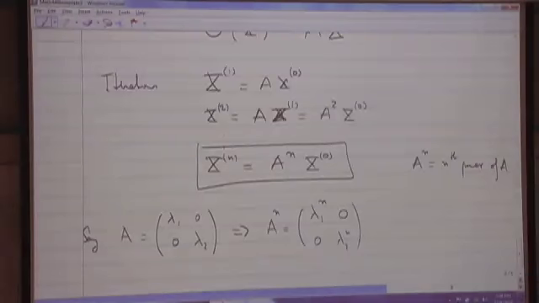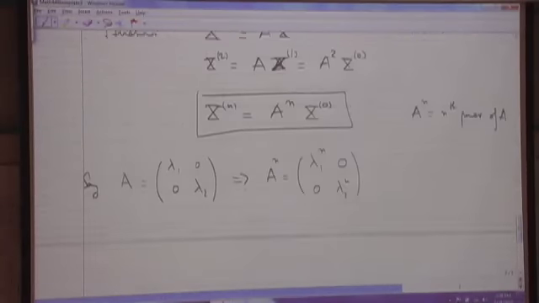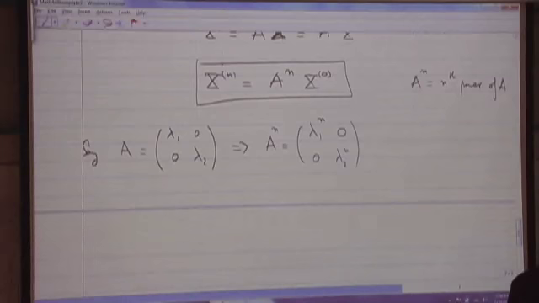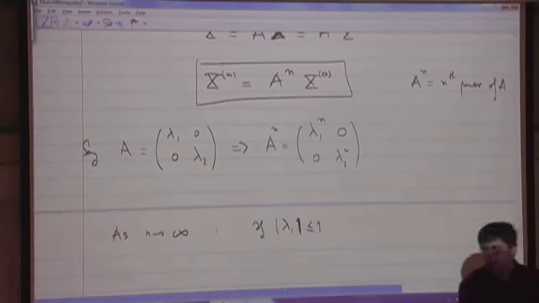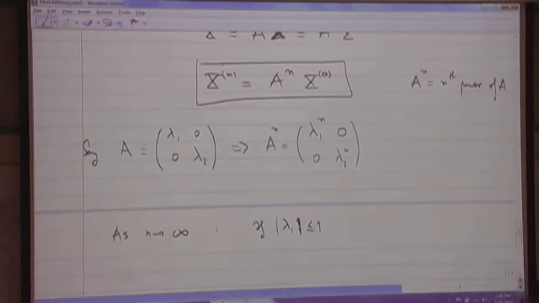And what can you say as n goes to infinity? Well, there are only a few possibilities. In this special case, if lambda could be complex, but let's say it's real, with absolute value strictly less than 1, so between -1 and 1, then what happens with the powers of a number that's less than 1?